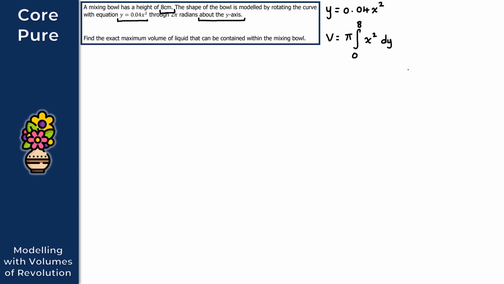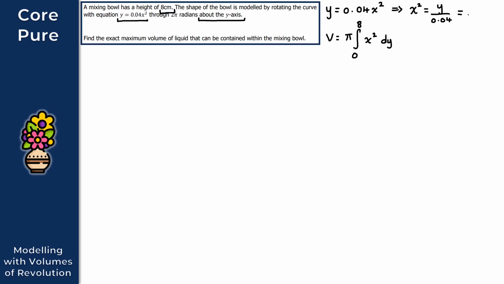Clearly, to evaluate the volume of revolution, we need x squared. So we go back to the original equation and rearrange it to make x squared the subject. Nice and straightforward: x squared is simply equal to y divided by 0.04. But don't forget, dividing by 0.04 is the same as multiplying by 25.